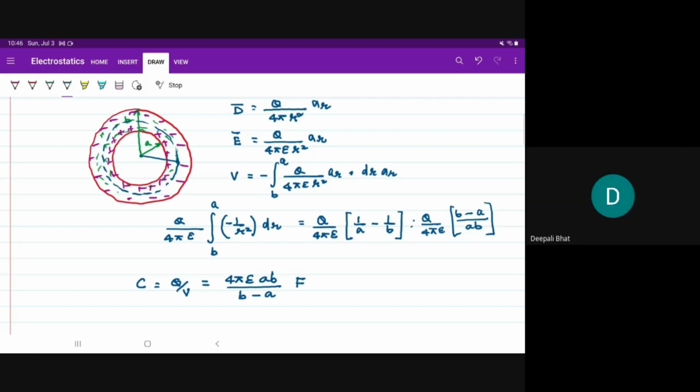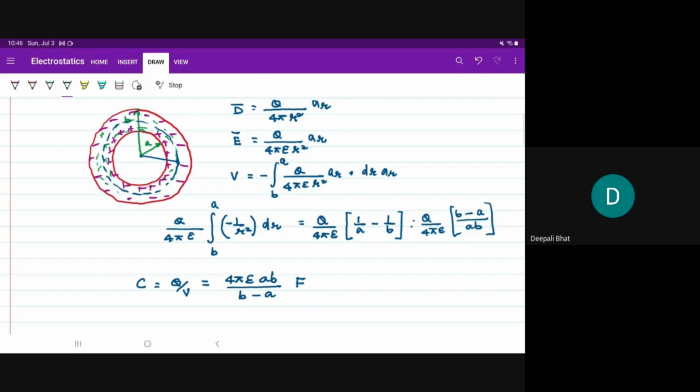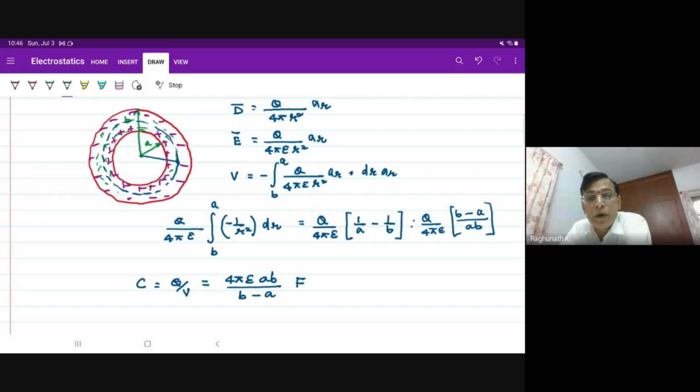Will the potential inside the sphere, at the center of the spherical capacitor, be V? Yes, with respect to the outer surface. Inside also it will be V because there will be no field inside.